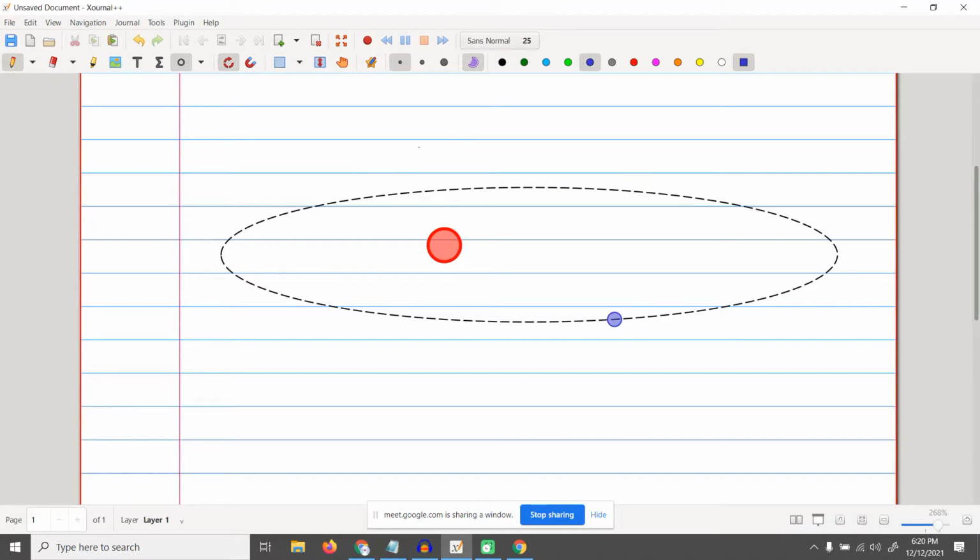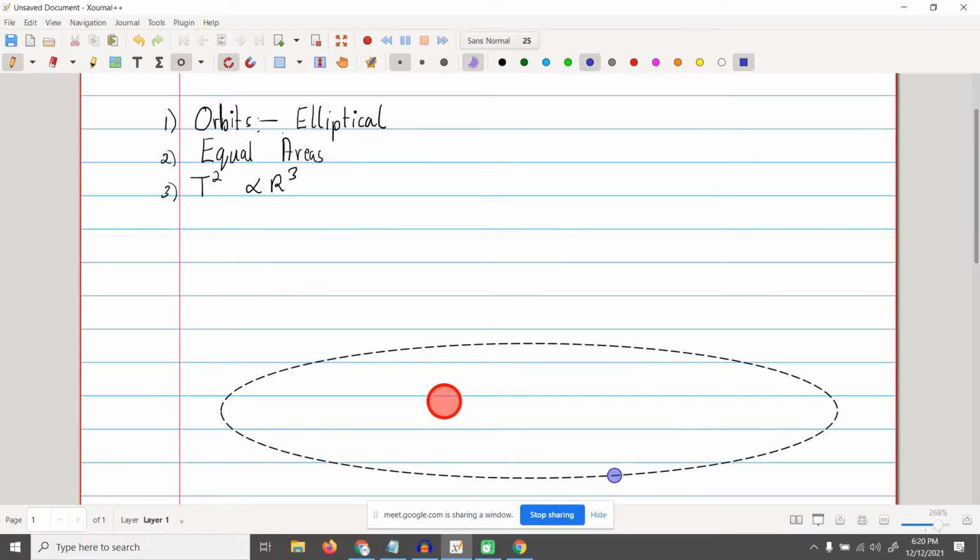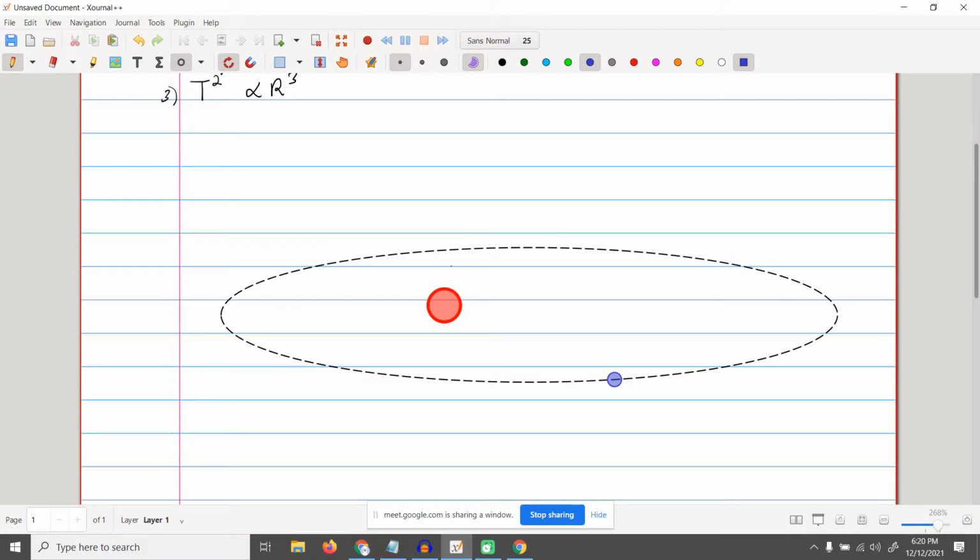Now, the first law basically says that the orbits are elliptical. And I want you all to think about how someone would come across such a law, because the observation you're doing is within the frame of reference itself.